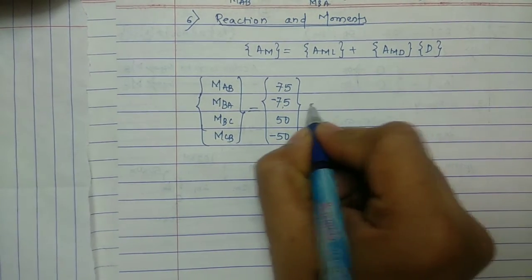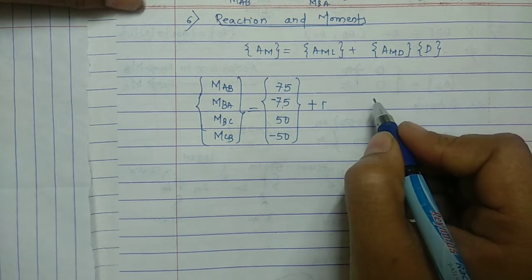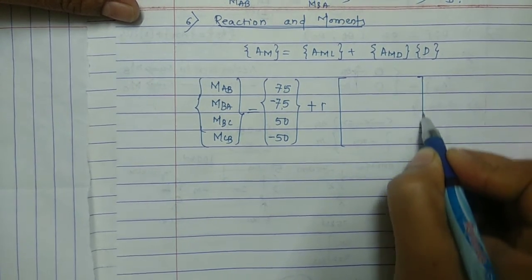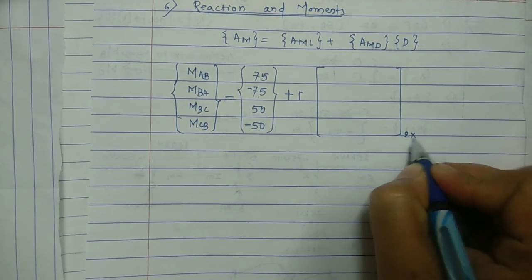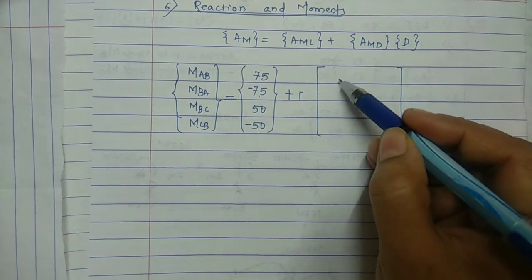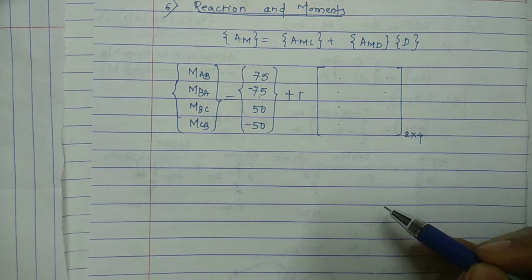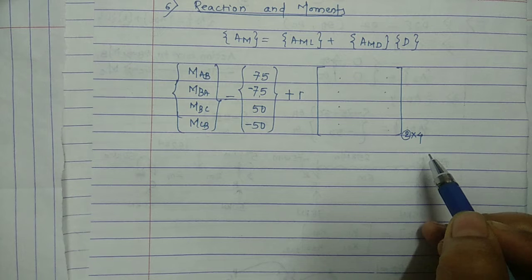Okay, plus now this AMB matrix. It will be of order 2 by 4. We have 4 unknowns here, so there will be 4 elements in 2 columns, and the 2 columns are because of 2 degrees of freedom.